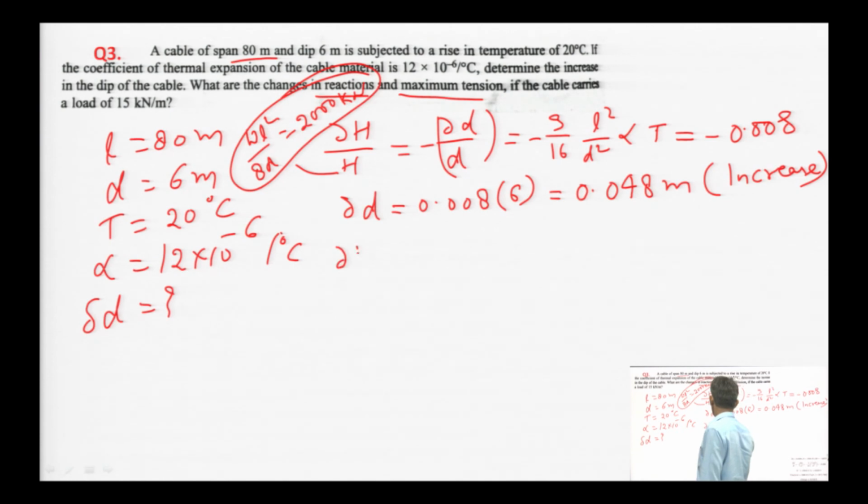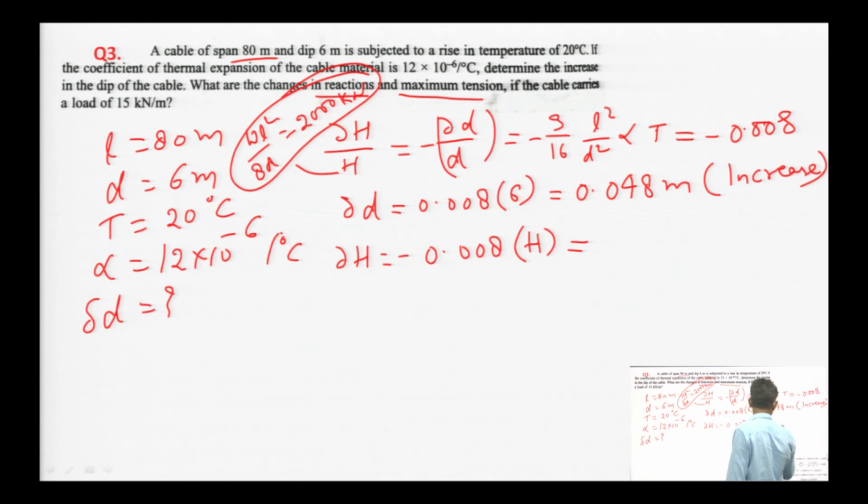So del H can be calculated as minus 0.008 into H. Putting this value, del H will be minus 16 kilonewton. This is the change in the horizontal thrust.